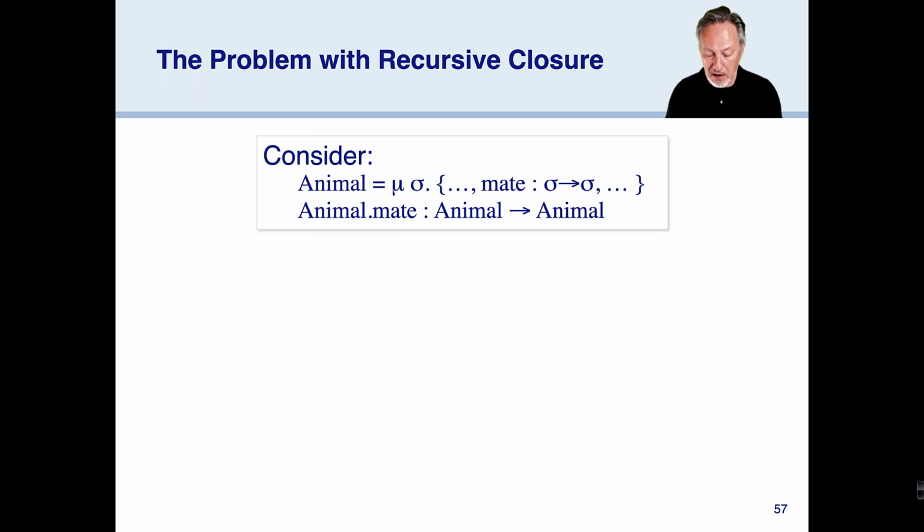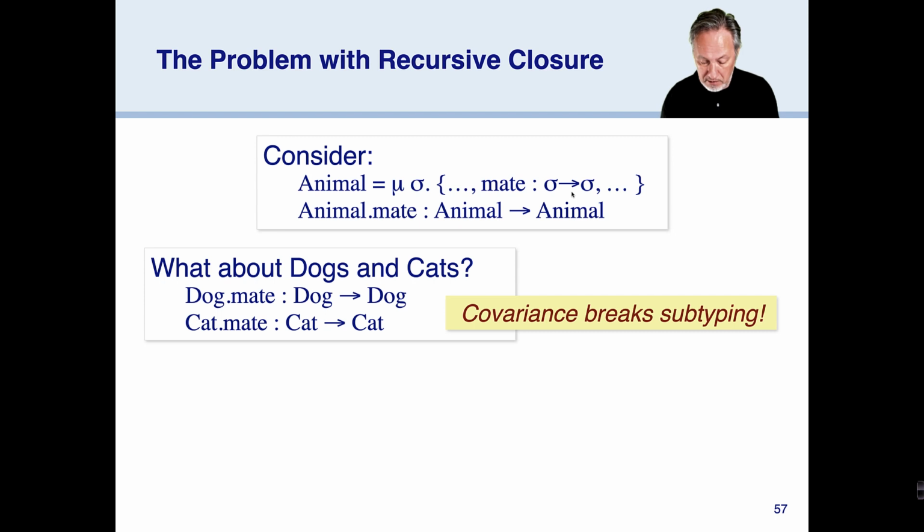Okay? And since the mate method refers to the animal type, we need to bind it recursively. So animal is recursively bound by sigma, so it's this whole thing, and the sigma refers to the whole thing, so this sigma and that sigma is going to be animal.